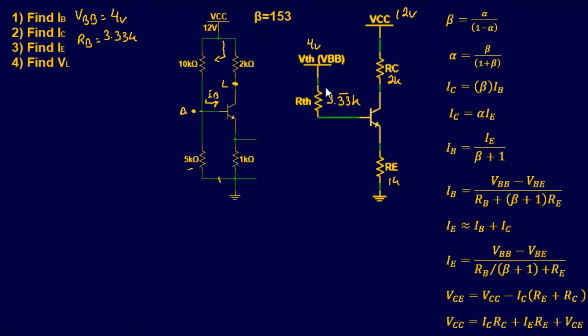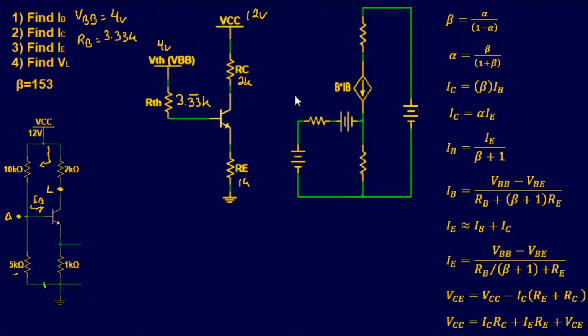Now we need to take this and go to the active region circuit. I'm going to move this over and paste it in there, and we're going to fill that in. Just to make room, I moved a few things around. I know it looks a little skittish, but I didn't want to delete everything off the page, that way you can see what I'm doing. So I'm going to fill all these in. VBB is 4 volts. This is the base resistance, which we talked about is 3.33K.